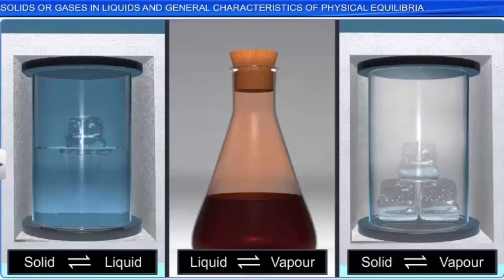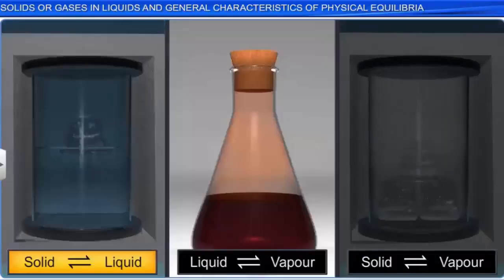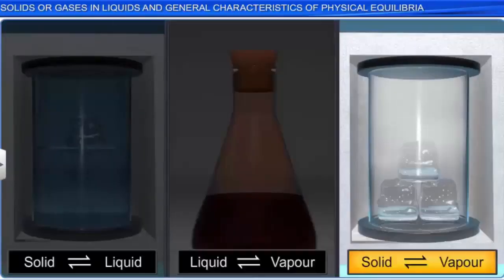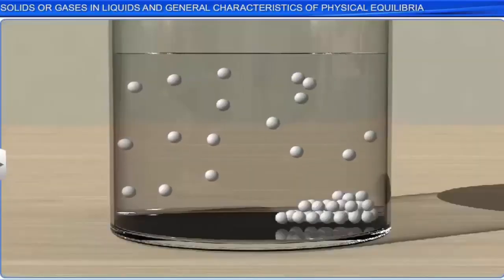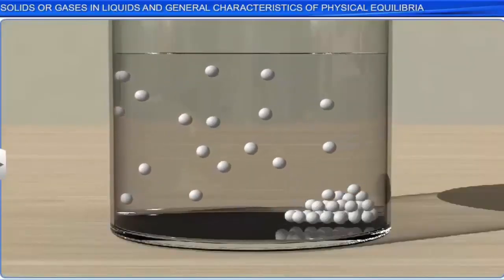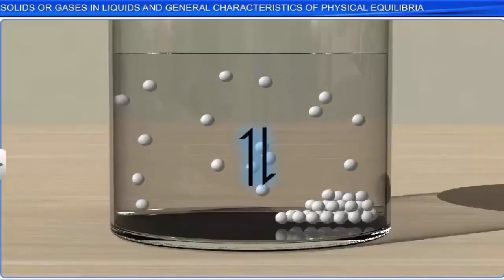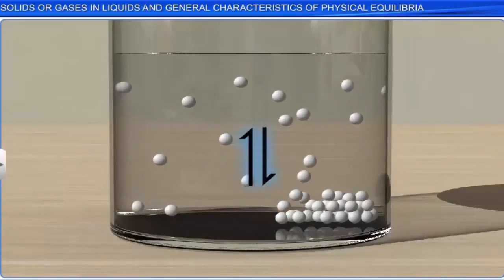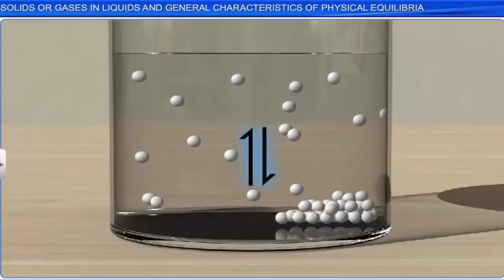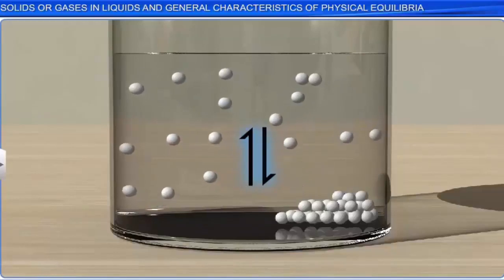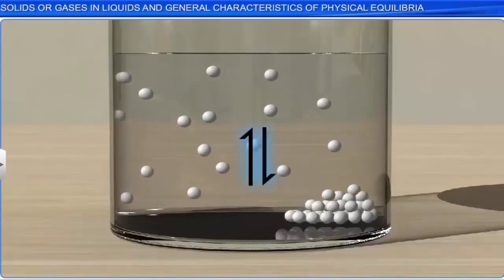You have learned that during physical processes like phase transformation, it is possible to attain equilibrium. Similarly, when a physical process like dissolution is taking place, it is possible to achieve a state of equilibrium.